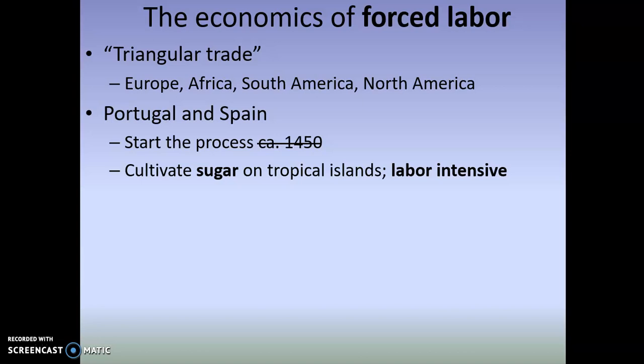Now, the Spanish eventually took over the Azores, and sugar does become the primary crop that was grown in tropical areas. Within the United States, there's this perception that cotton was the driver behind chattel slavery. Cotton doesn't really begin to take a lot of prominence until the very late 1790s and then into the 1800s.